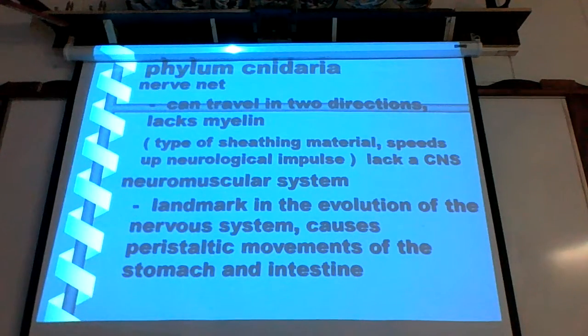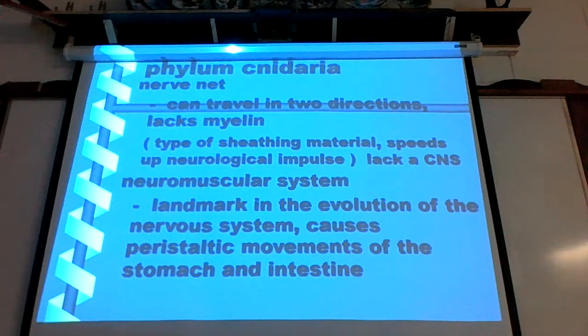So one of the things, okay, neuromuscular system, okay. The reason we call this a landmark of evolution is obviously it's going to be the first type of movements that we see within the animal kingdom, okay? Because as we all know, poriferans did not move because they were sessile.